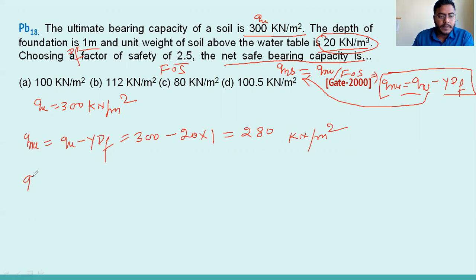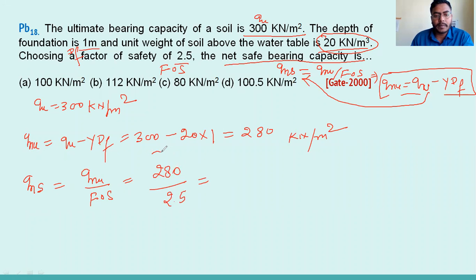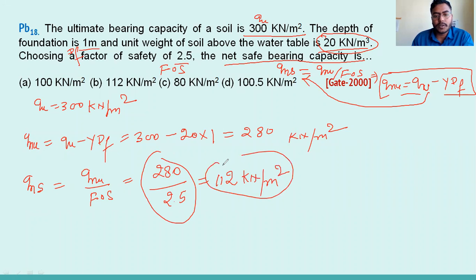So now we can calculate the net safe bearing capacity, that is QNU divided by factor of safety. Factor of safety is given as 2.5. By calculating, you can get 112 kilonewton per meter square. Now you can check the options. Option B is correct.